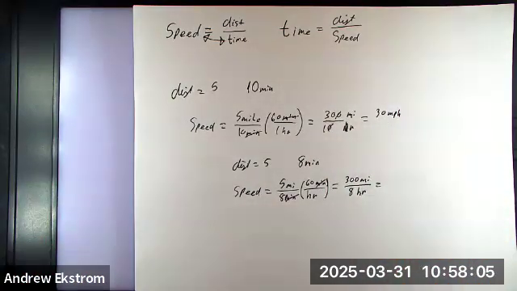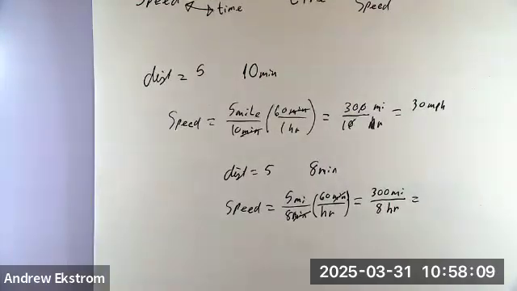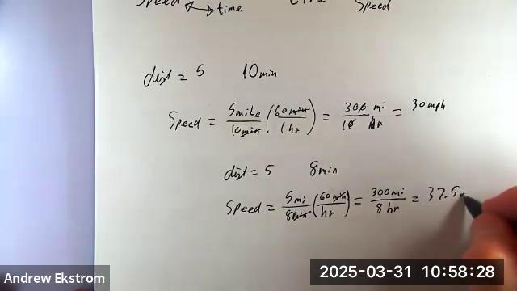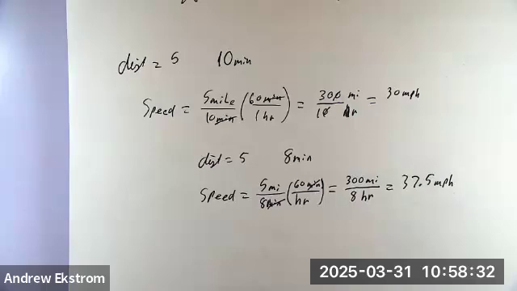Not as easy to deal with as before, but we can still do 300 divided by 8. So we get 37.5 miles per hour. Okay.